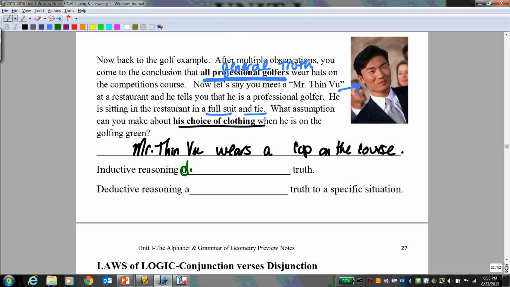Inductive reasoning discovers truth. Deductive reasoning applies the truth. Again, inductive reasoning discovers truth. Deductive reasoning applies the truth. I'll have more work on this in class.